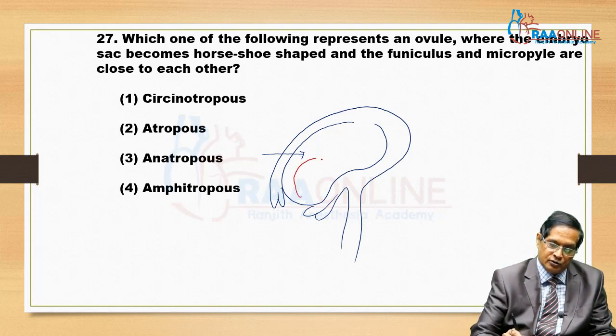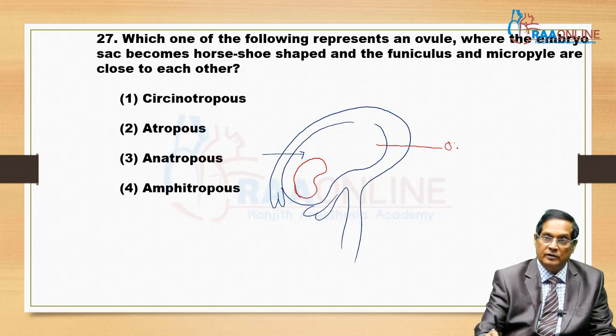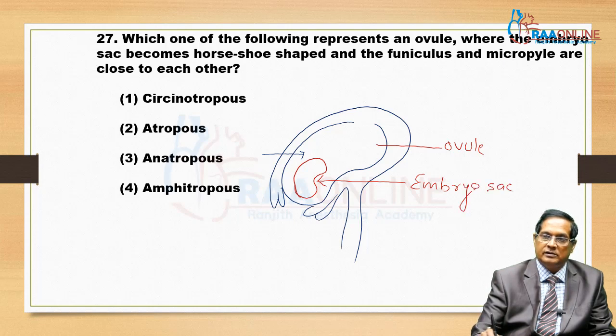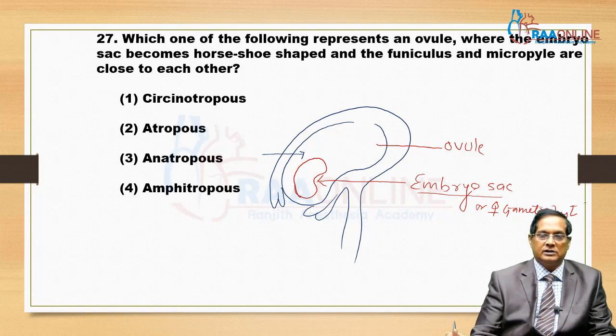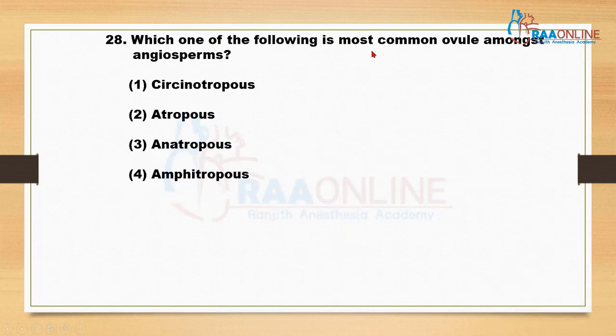It is also curved. Both are curved. So this is amphitropous ovule.